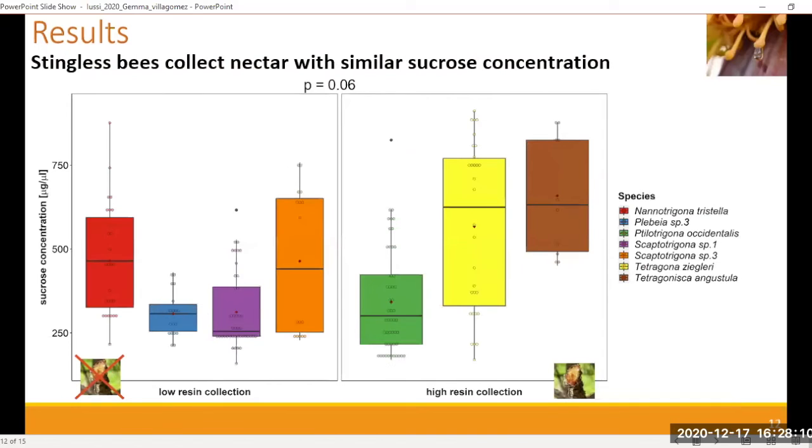When we look at the sucrose in the nectar, as part of the nutritional requirements, we saw maybe that the high resin collectors might collect a little bit more concentrated nectar, but this difference might be driven mainly by 1 species. We see this slight difference here.